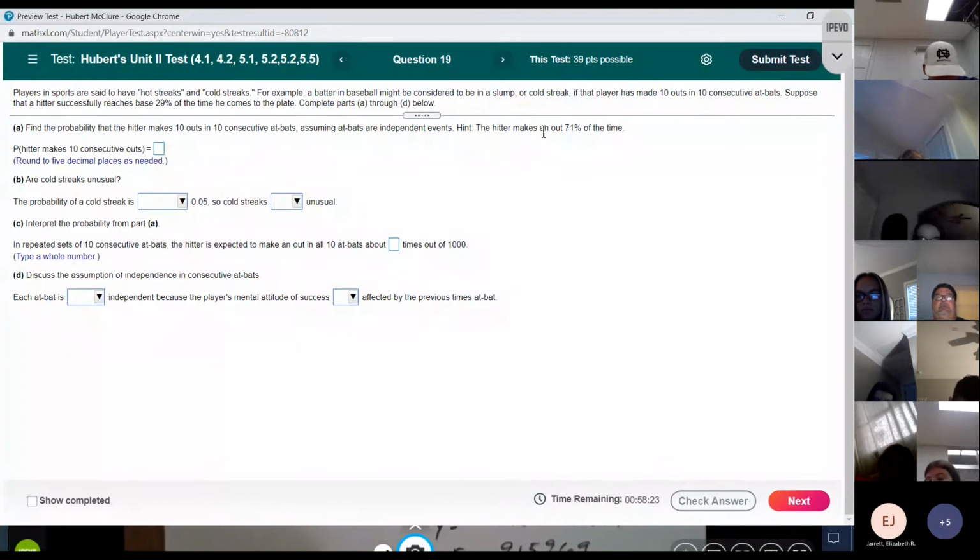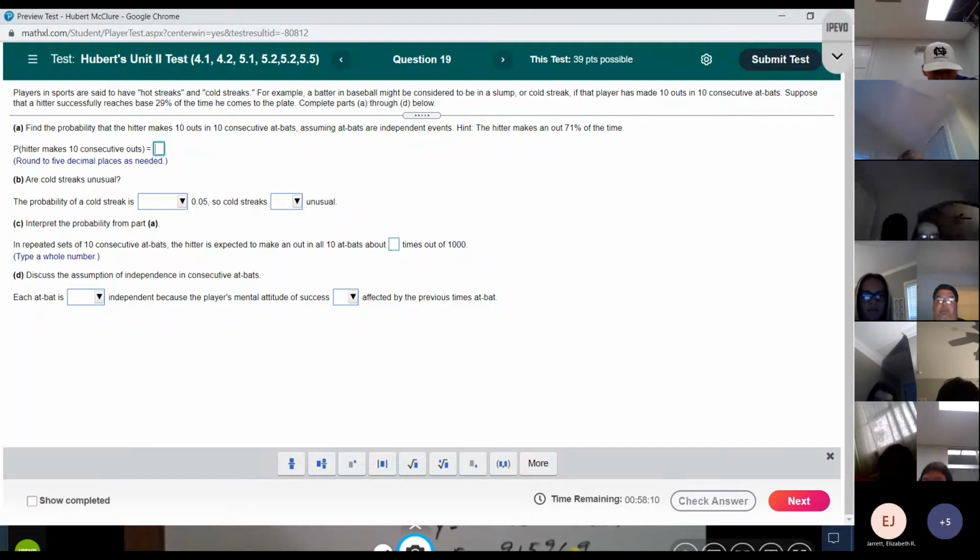Okay, the hitter makes 71%, so that'd be 71 that out. So that'd be 0.71 to the 10th power.